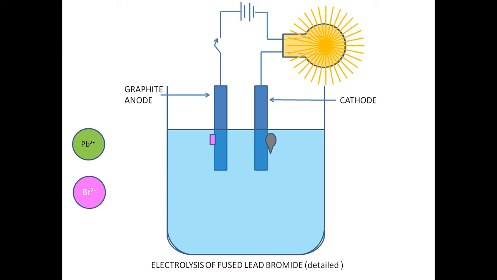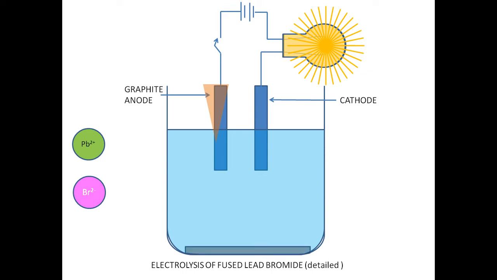Bromine is a gas, therefore bromine gas can't remain in the solution for a longer time and it changes into gaseous state and evaporates, while the lead falls down because lead is heavier than the electrolyte.